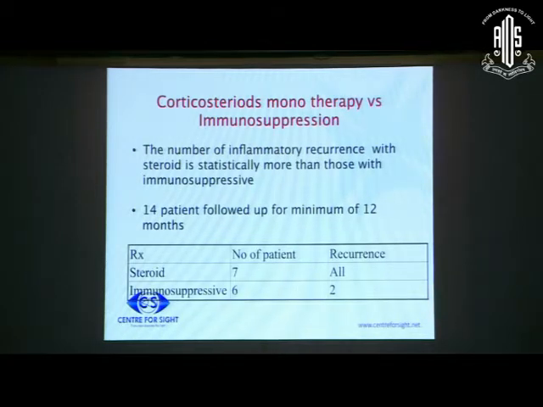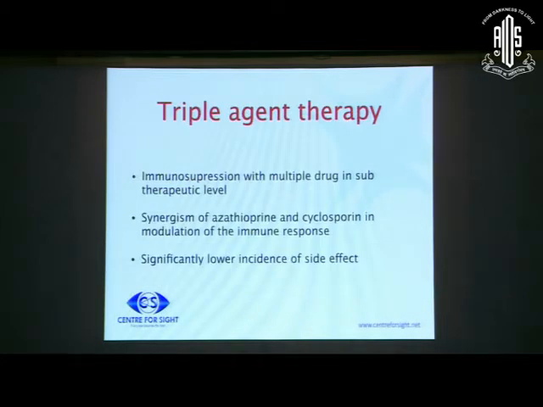In a study comparing head-to-head steroid monotherapy versus immunosuppression, recurrences were seen in all patients who were on steroids compared to those on immunosuppression. The recurrence rates were much lower. You can also have something called triple agent therapy. In this, there is a synergism of azathioprine and cyclosporin along with steroids.